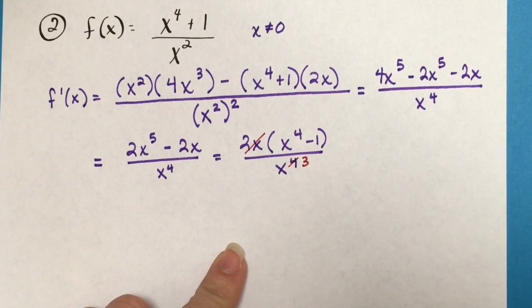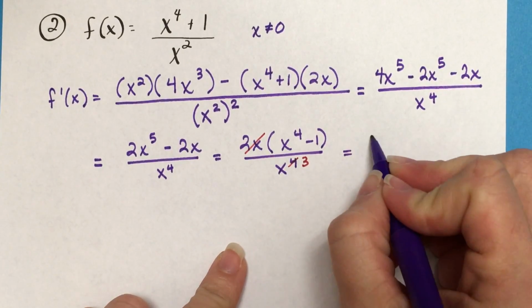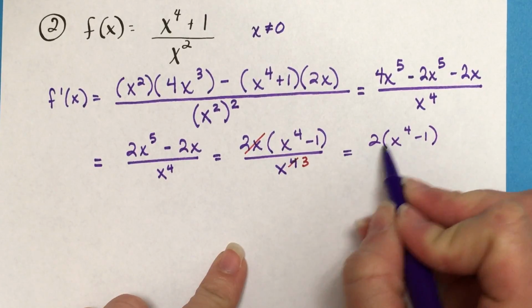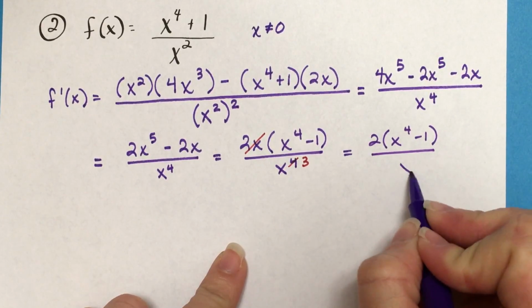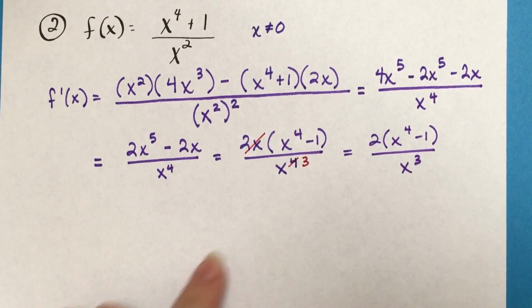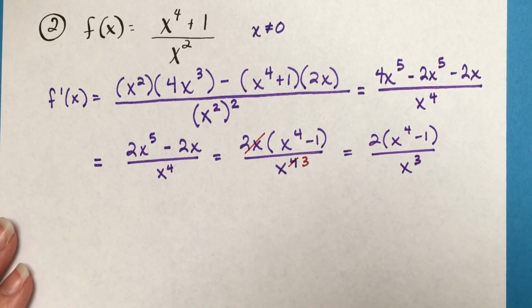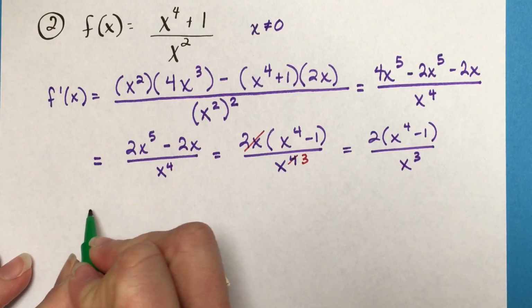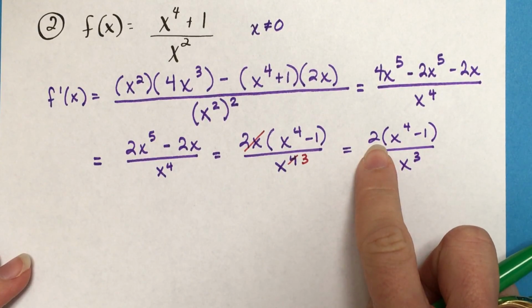All right, so when you're locating your critical numbers, finding out the values that cause your numerator to equal 0. Of course, the times 2 here you can ignore.